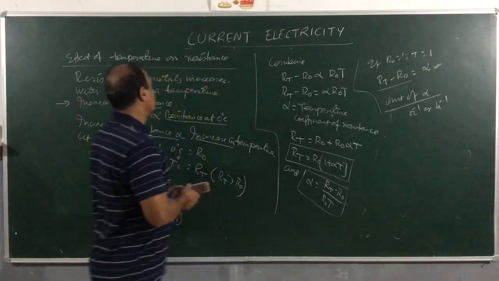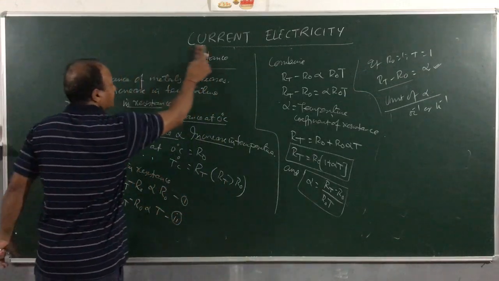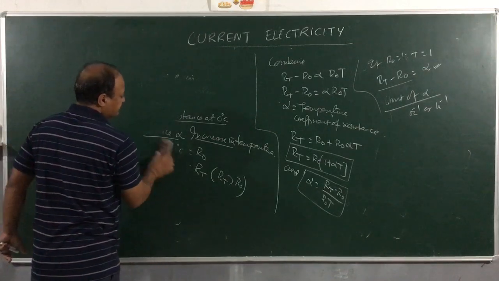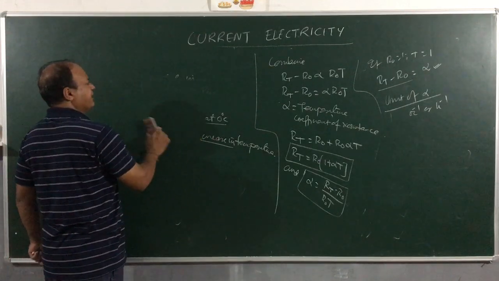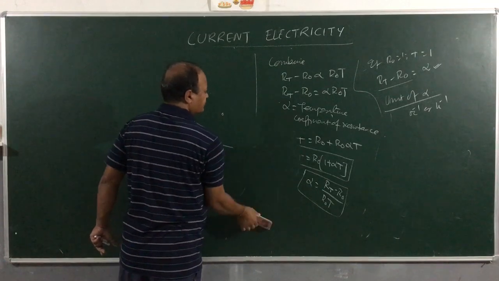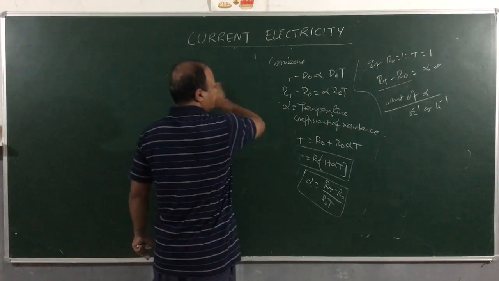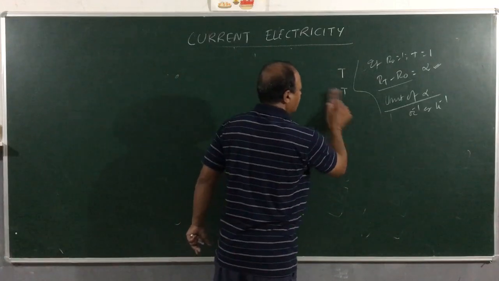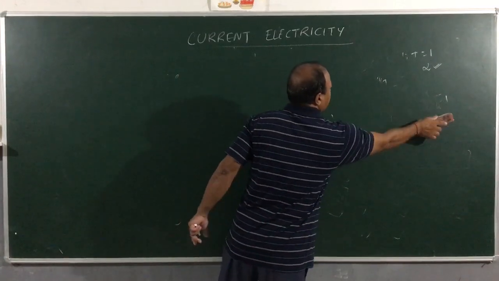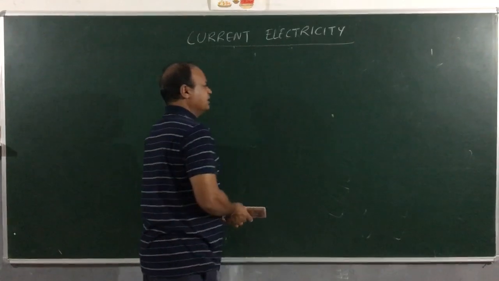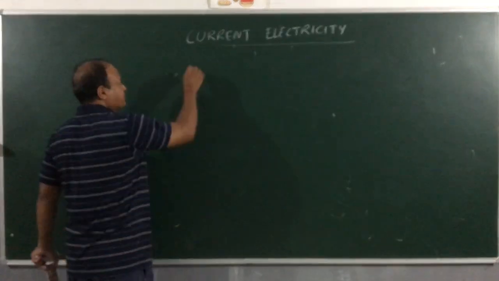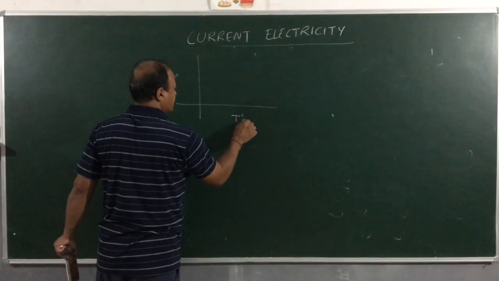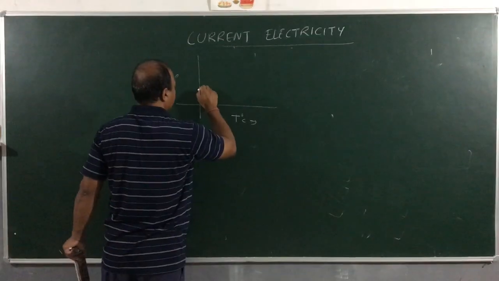If we graphically want to study the variation of resistance with respect to temperature, obviously it will have a linear character, it will be a straight line, and it will also have an intercept on the y axis. If the y axis is representing resistance, it will be something like this. This is temperature in degrees Celsius. This is how the graph will come.